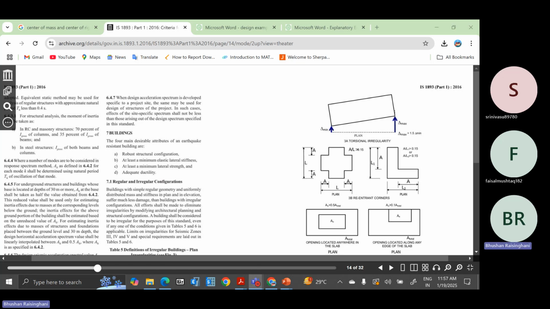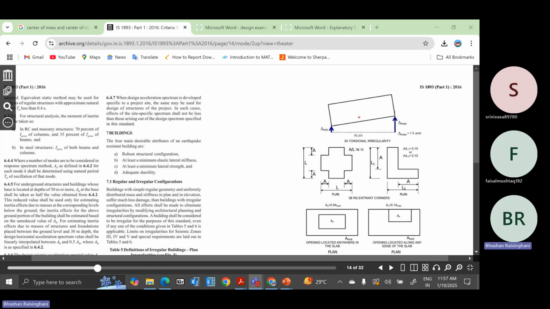So this is the case we have to avoid: if delta maximum is greater than 1.5 times delta minimum, then it is a torsionally irregular building. That means your stiffness is not well distributed, number one. And number two, your overall system is flexible. That's why torsion is governing the design rather than the lateral force.